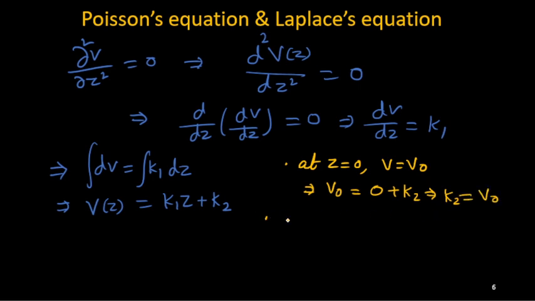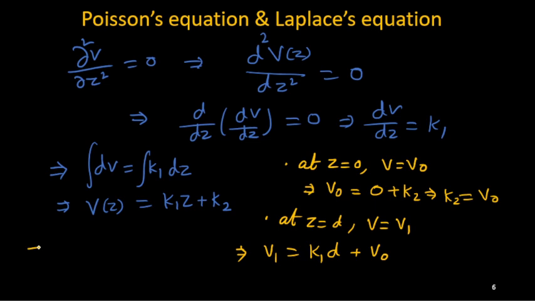Again next, at z equals to d, at the top plate, the potential is V equal to V1. So what I can write? I replace V by V1, that equals k1 times d, with z replaced by d, and k2 I have already got as V0, right?